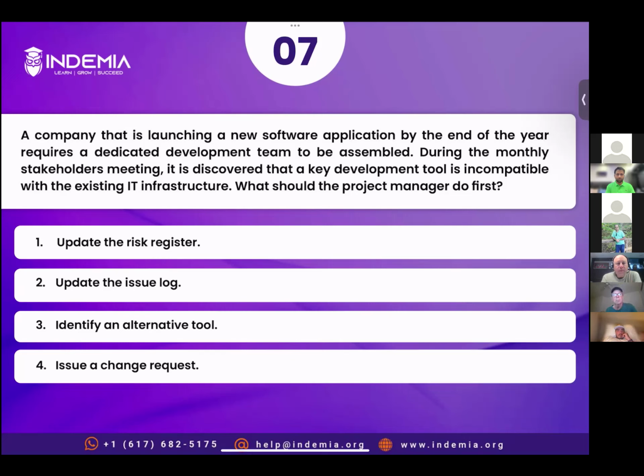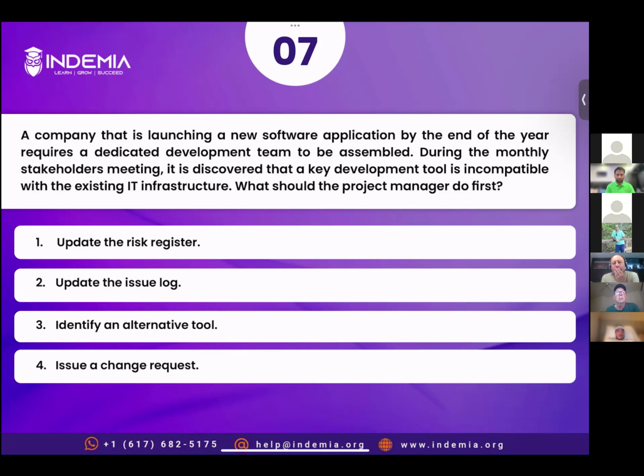All right, Vivek, you have chosen option 3. Yes. So I was eliminating the options. Option 2 and option 4 are related to issue and change. So nothing has been started. It's just the initial phase of the project where we identified there is no incompatible tool.